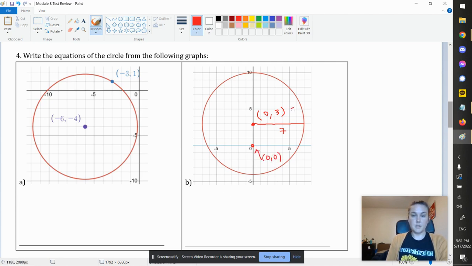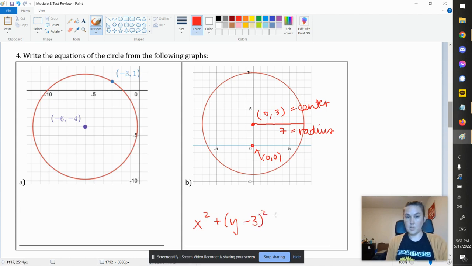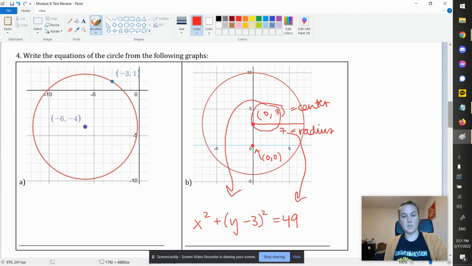If my center is 0, 3, and my radius is 7, my equation will be x squared, x minus 0 just simplifies to x squared, plus y minus 3 squared equals 49. And again, that's the radius squared. That's the center with its signs changed.